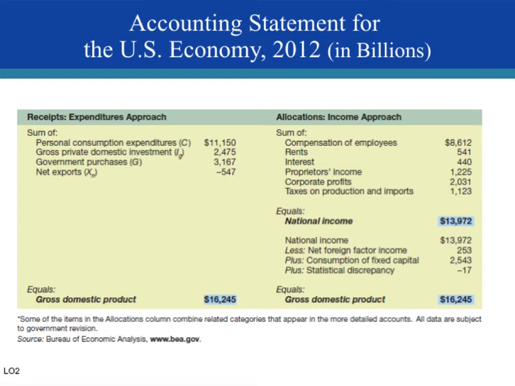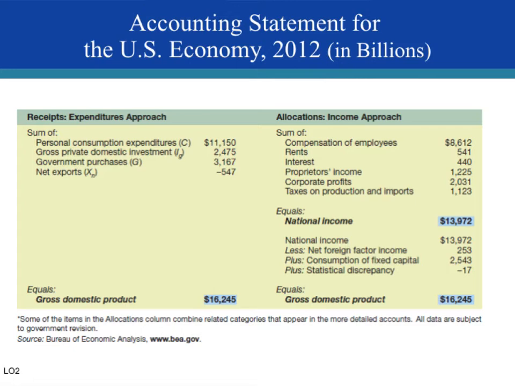All right, so if we look at the accounting statement for the U.S. economy in 2012, using the expenditures approach, our biggest category is personal consumption expenditures. It is about 70% of GDP, so we are definitely a very consumer-driven economy.